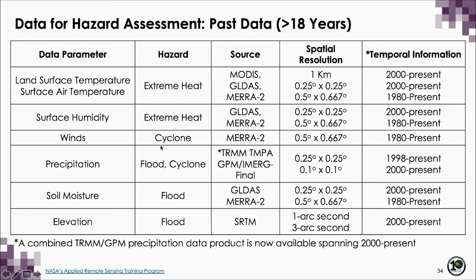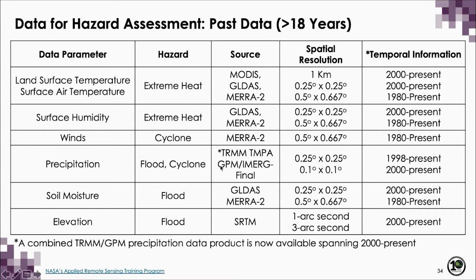Precipitation, which is very relevant for flooding and cyclone hazard, is available from 2 satellites, TRMM and GPM. Both these satellites have multi-satellite precipitation products, TMPA and IMERG. They are available for a long time. Here it is important to note that TRMM, which was launched in 1998, stopped functioning in 2015, but the data were continued with climatological calibration, and they're still available in present.